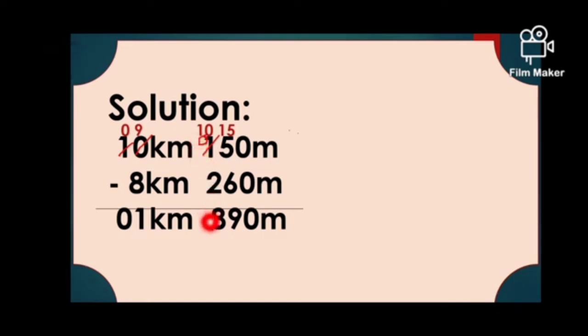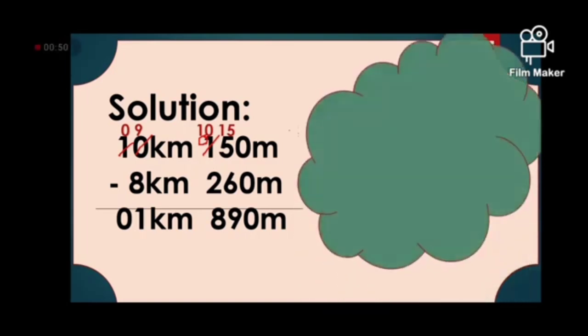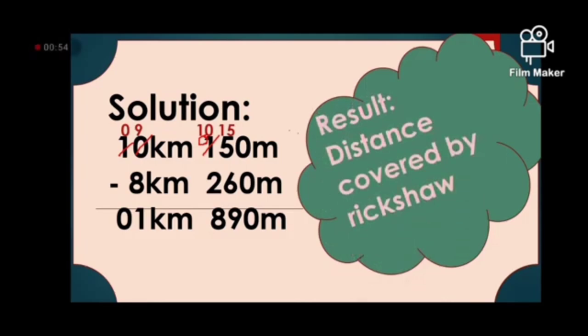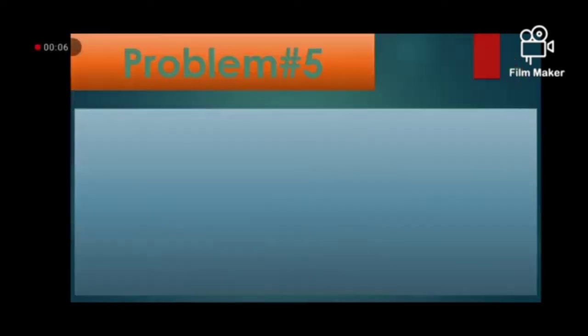Then 10 minus 2 is equal to 8. 9 minus 8 is equal to 1. And 0 is written as it is. So the result of the problem is: distance covered by rickshaw is equal to 1 kilometer 890 meters.